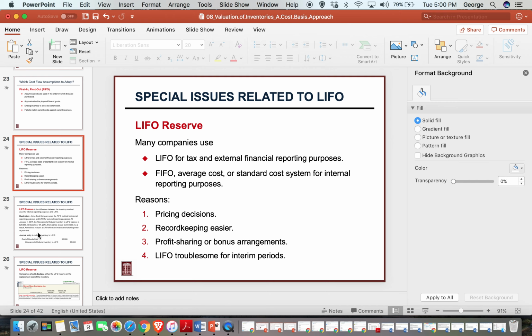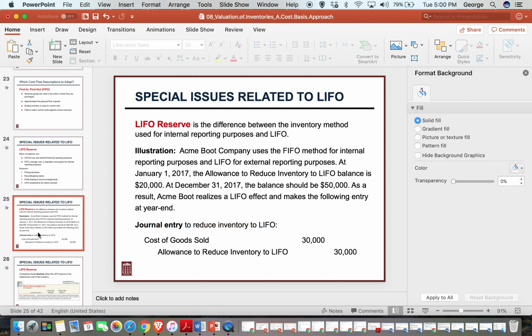So let's talk a little bit more about this LIFO reserve. It's a difference between the inventory method used for internal reporting purposes and LIFO. So Acme Boat Company uses FIFO for internal reporting, but LIFO for external reporting. At January 1, 2017, the allowance to reduce inventory to LIFO balance is 20,000.